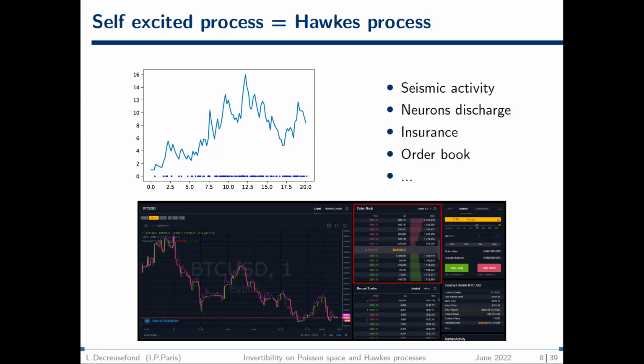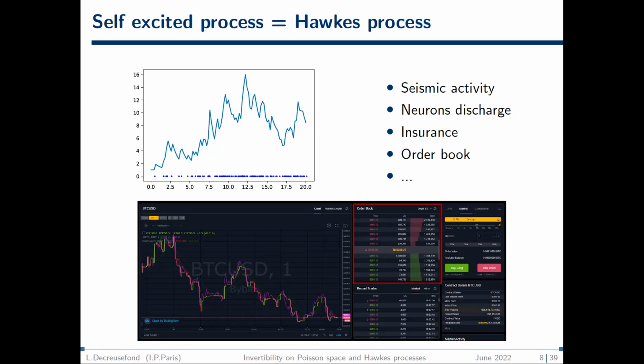Each replica generates itself other replicas, and each replica of replicas generates replicas. So you have a sort of cascade of replicas, and you want to model the global behavior of all the replicas.